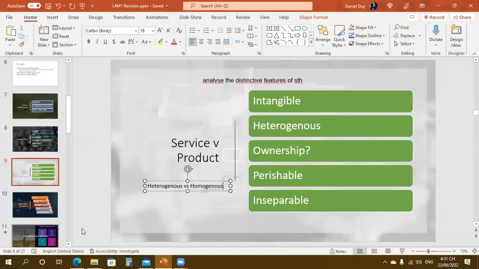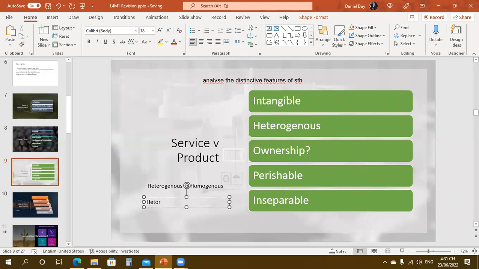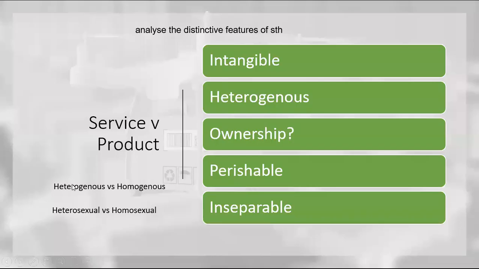Let's explain in more common knowledge. We have heterosexual versus homosexual. It is very private, but it explains the root of hetero and homo.